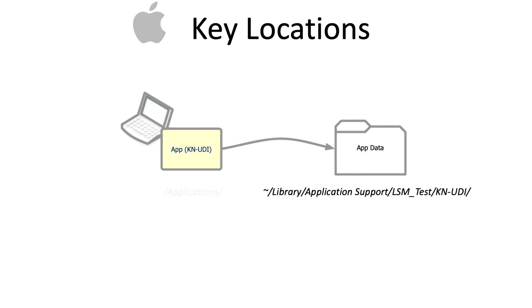I used a very simple approach: on macOS, the app will go under Applications, and all of the app data will go under the user's Library Application Support folder, and a company name or a generic folder, in this case like LSM_test, and then the app name KNUDI. And that's kind of where it goes.